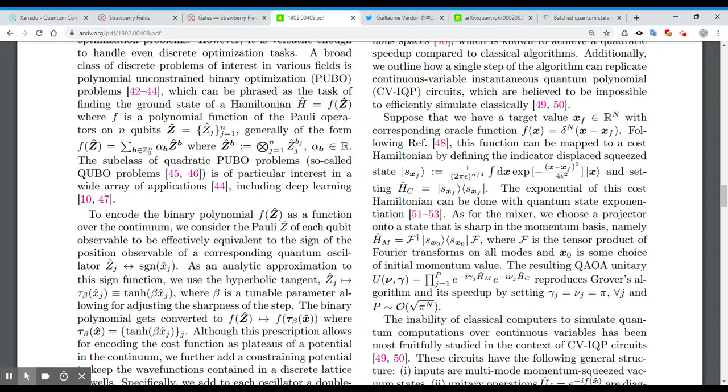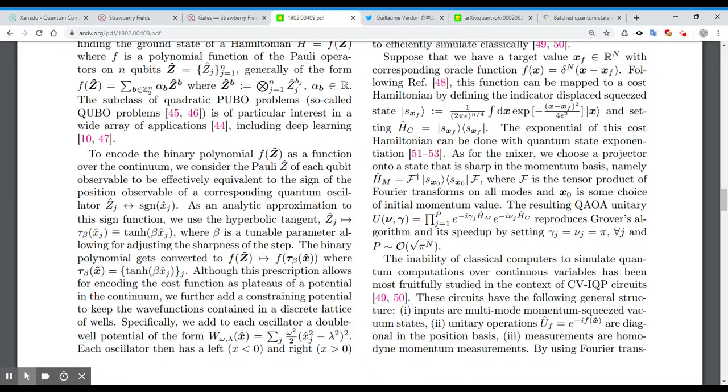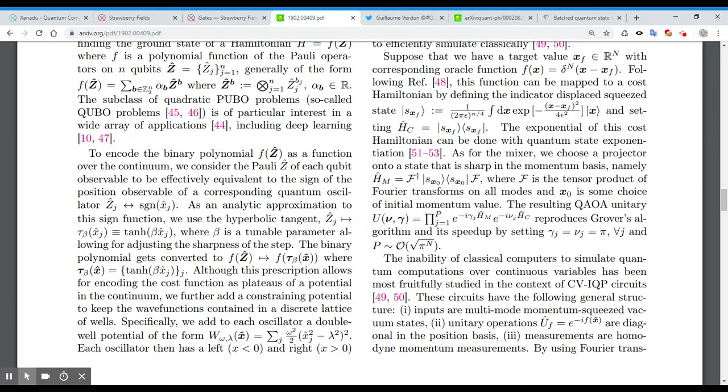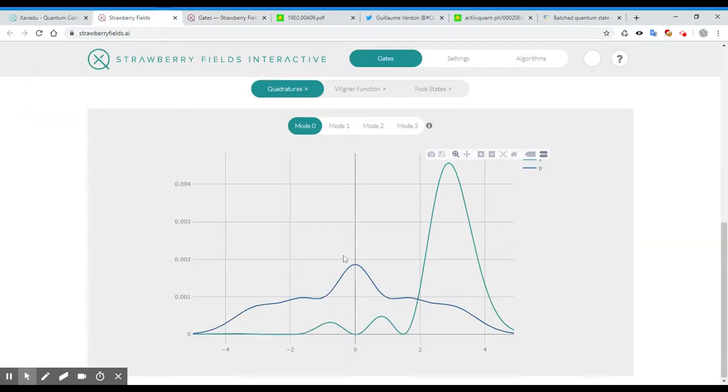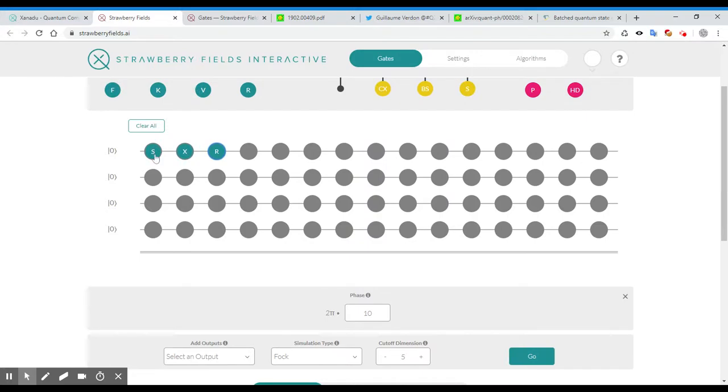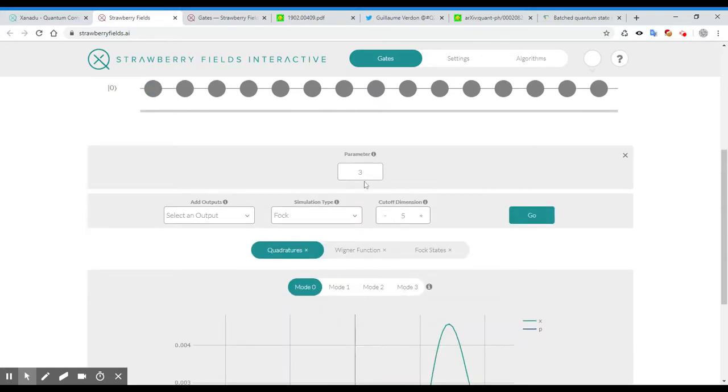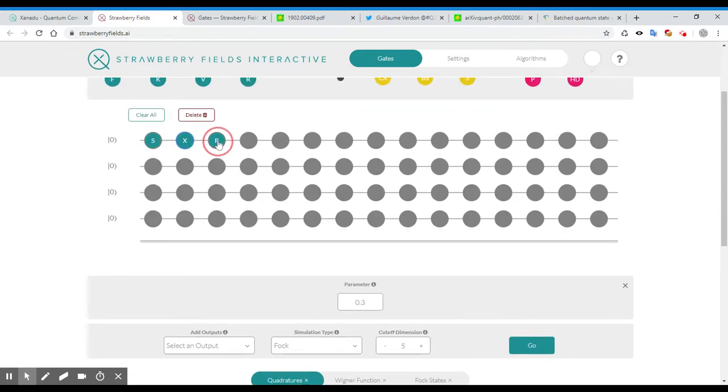The exponential of this cost Hamiltonian can be done with quantum state exponentiation. Squeezing. This is position displacement. What if I do, I don't know, can you do something like this? What is the difference? I'm just going to get rid of this for now.